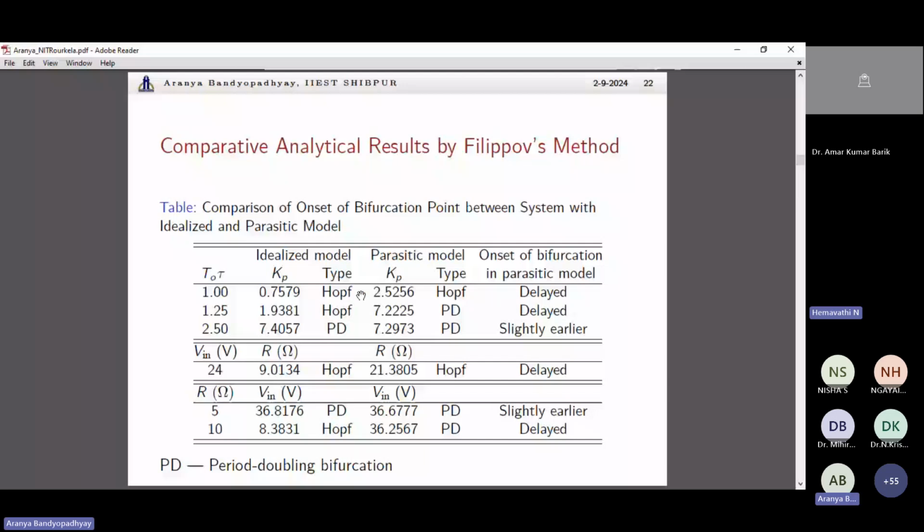You see that the effect of incorporating the parasitic elements is to delay the onset of the Hopf type of instabilities. Right? Interesting, isn't it? Why wouldn't it be so, if you think about it deeply?